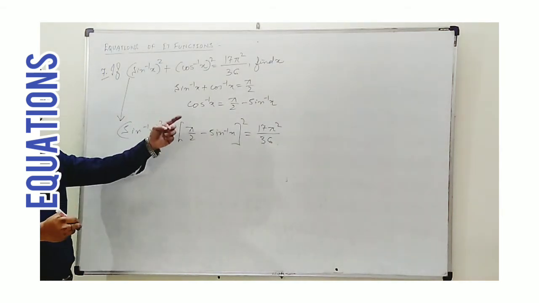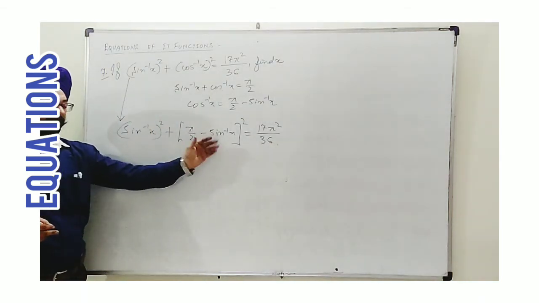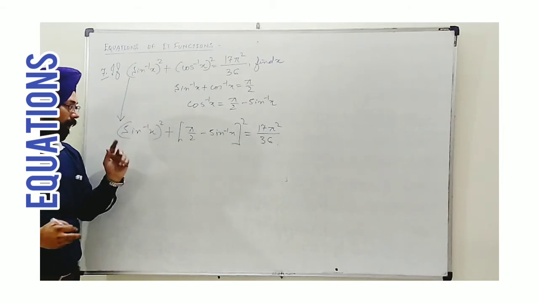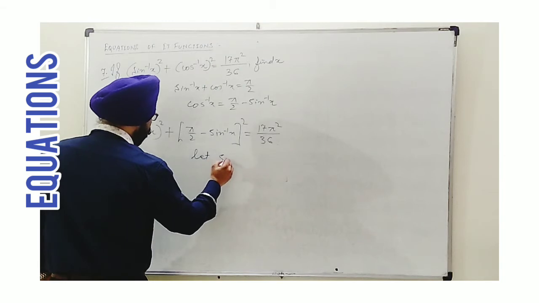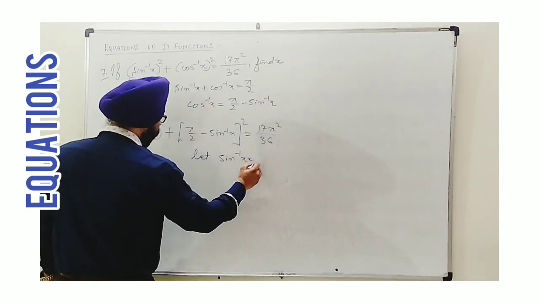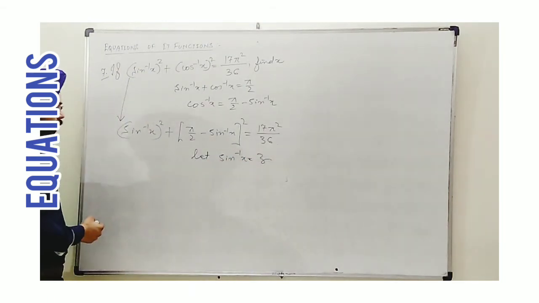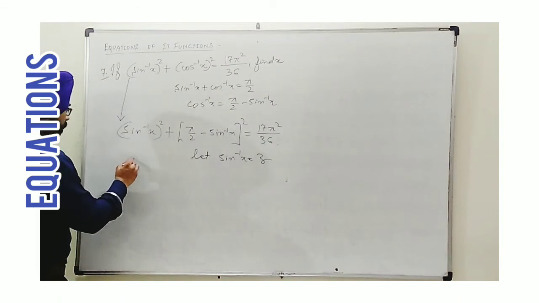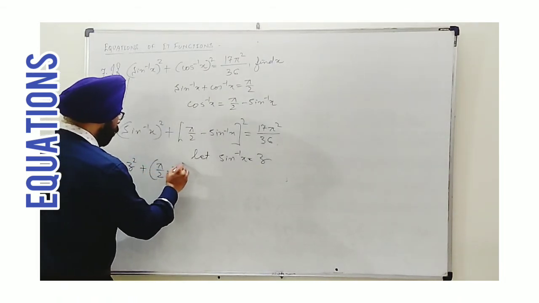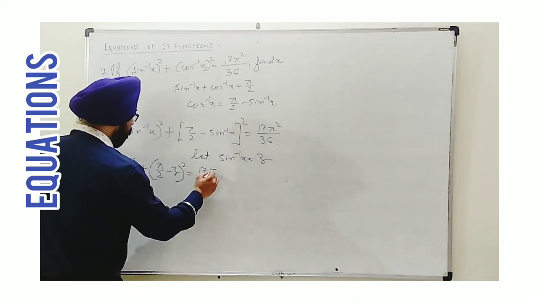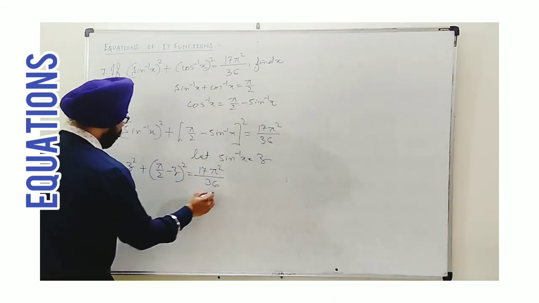With the help of this identity, we have converted it in sin inverse x only. Now, for the time being, we can consider sin inverse x as z. As soon as we do, we have z square plus (pi by 2 minus z) whole square equal to 17 pi square upon 36.